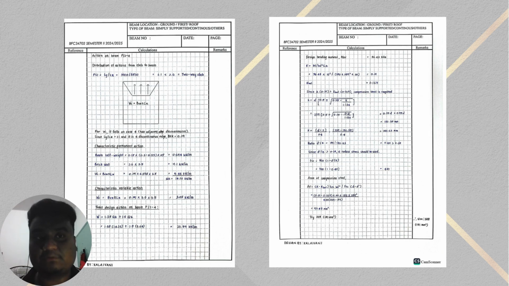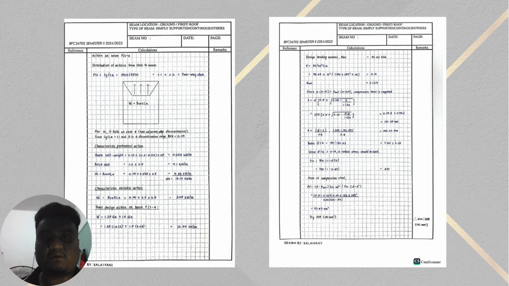That makes it a two-way slab. Next, we need to determine the characteristic permanent action and the characteristic variable action in order to determine the total design action on the beam. We were able to determine it on this beam, which is 23.79 kilonewton per meter.